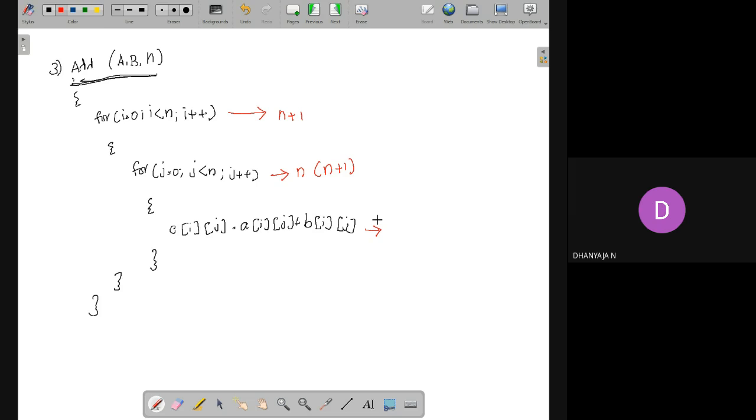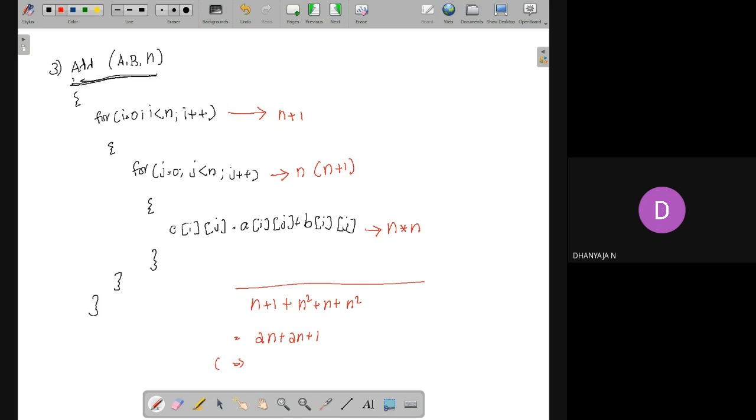So you are saying n into n times this will also execute. Okay, I'm agreeing with that. That means the total is n plus 1 plus n square plus n plus n square, that means 2n square plus 2n plus 1 times this will execute.